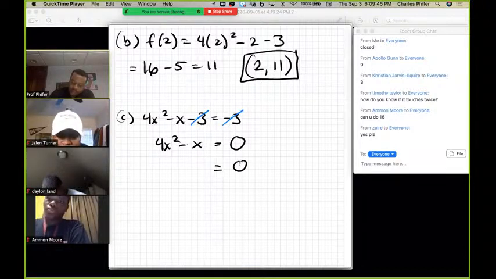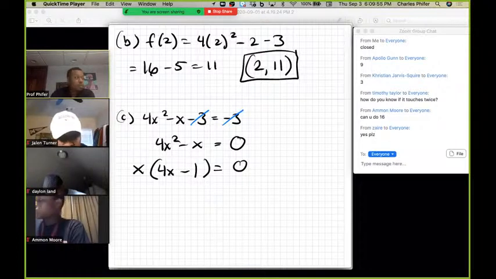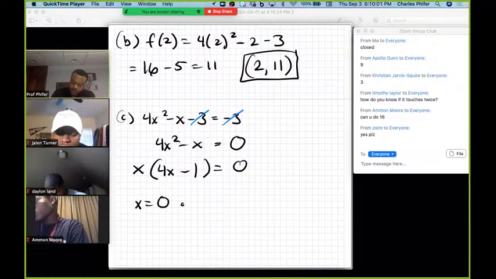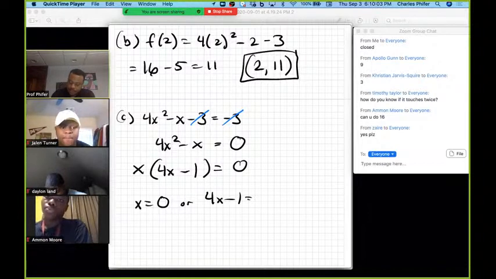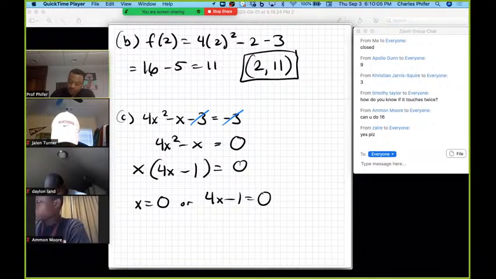In this case, they both have x. If we factor out an x, we're left with 4x minus 1. Now we use what's called the zero factor property. When things multiply to give us 0, basically set each thing to 0 and solve. So if we add, the first one is done for us, add and divide, x equals 1 by 4.